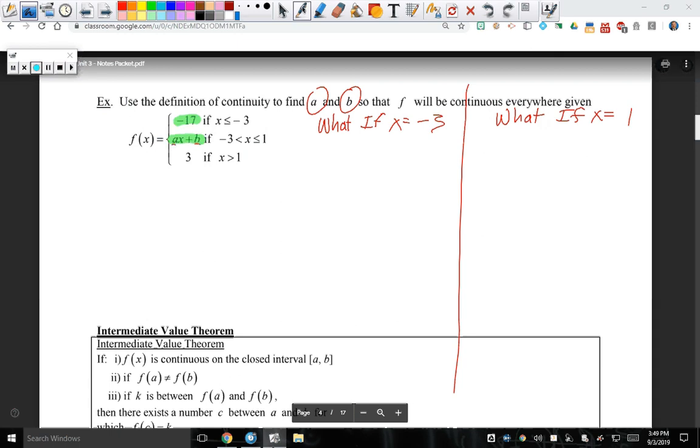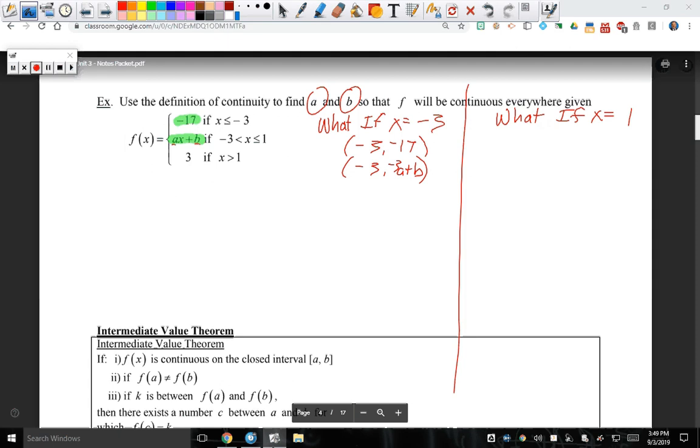And we're going to plug in a negative 3 where we find x. You with me? So there are 2 points that we're going to find. One is negative 3, negative 17. What's the other one? Negative 3a plus b. Nice.